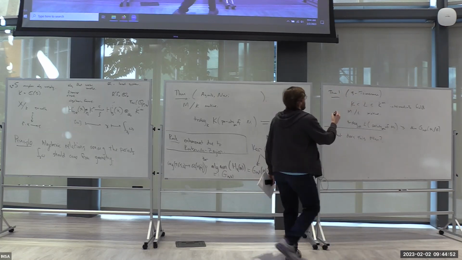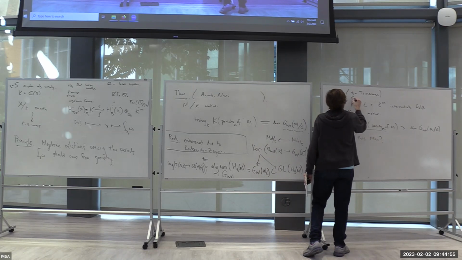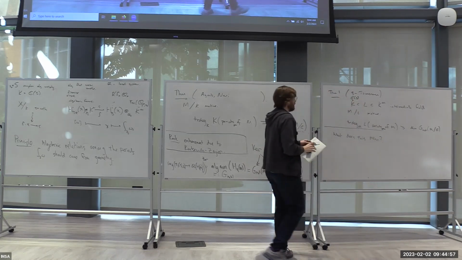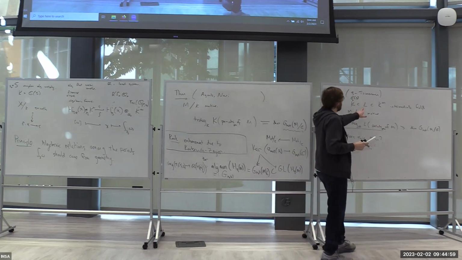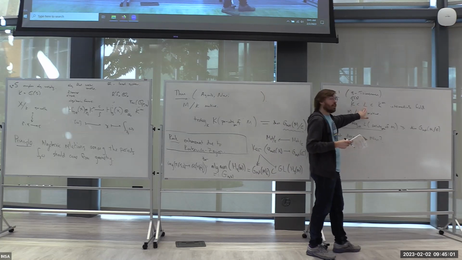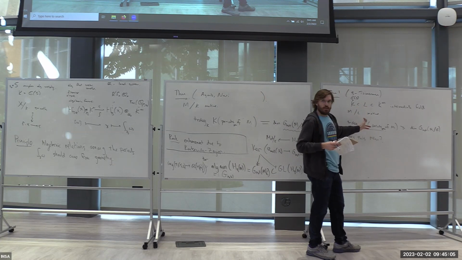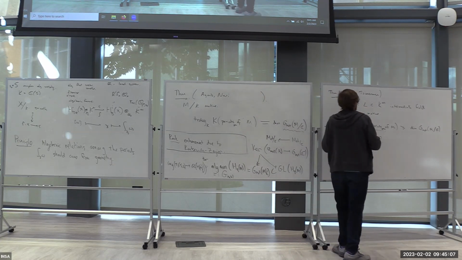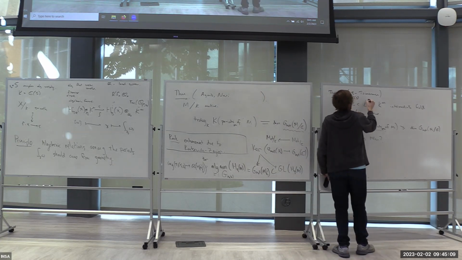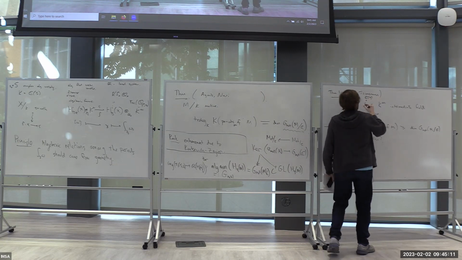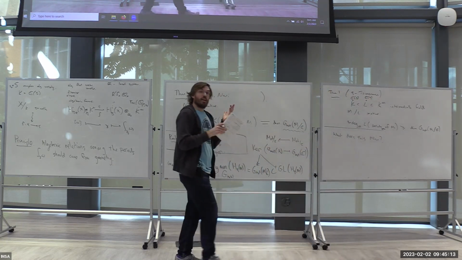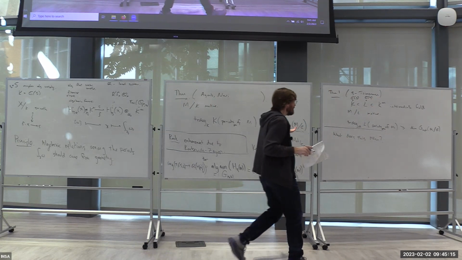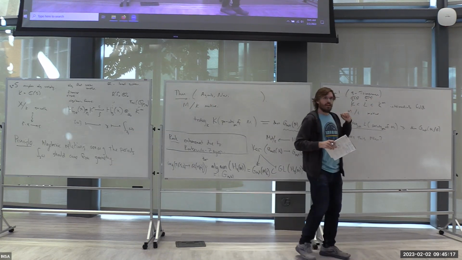Well, again, K is the function field of some algebraic variety S. Now, we may as well restrict to L being the function field of an algebraic variety, because otherwise this left-hand side will be infinite. So this is a finitely generated field over K, which is therefore the function field of some other algebraic variety T. Why do you assume it's finite?